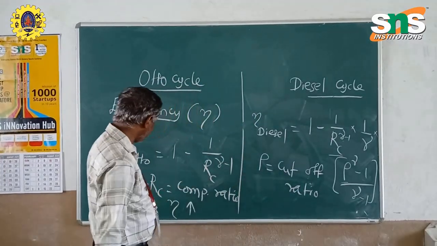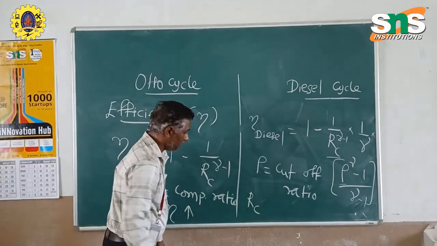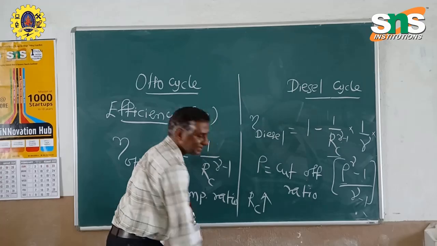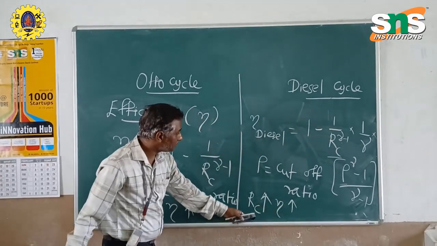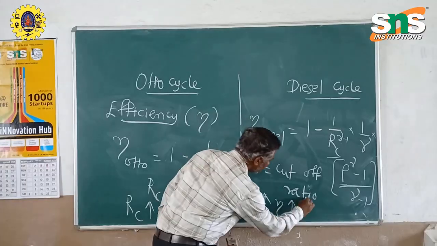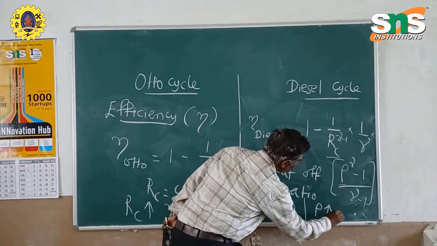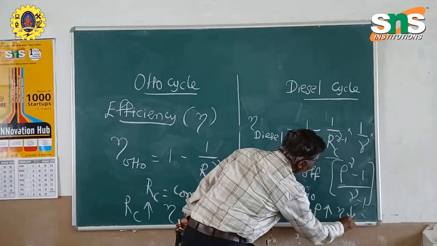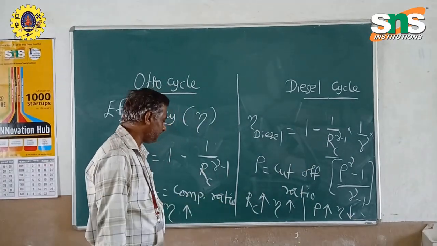Here the significance is that if the compression ratio is increasing, the efficiency also increases. And another thing is if the cutoff ratio is increasing, efficiency will go down.